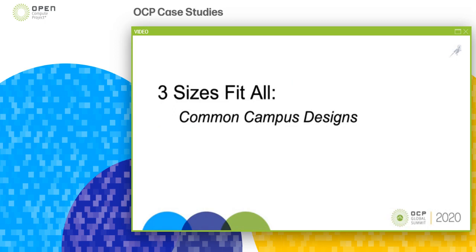Now, in practice, what we find is that our customers make some very pragmatic choices in deciding how to evolve their campus networks. They understand the trade-offs, they understand the benefits of different approaches, and usually they're very pragmatic in terms of picking a design that best meets their needs. And we've seen three very common models.